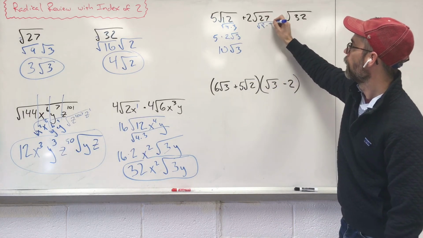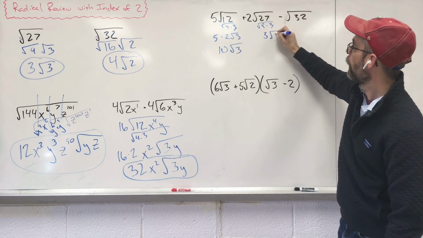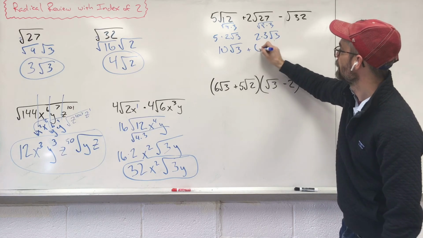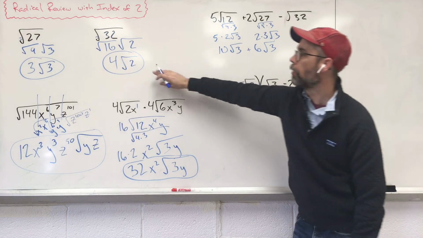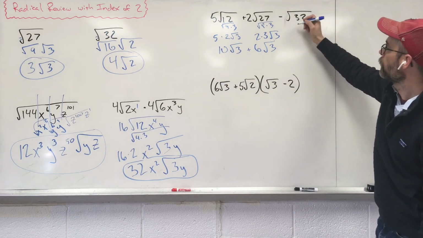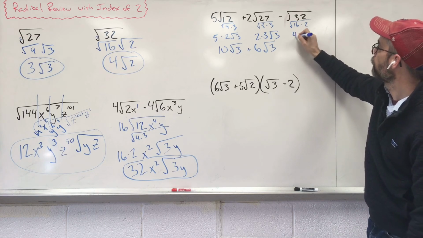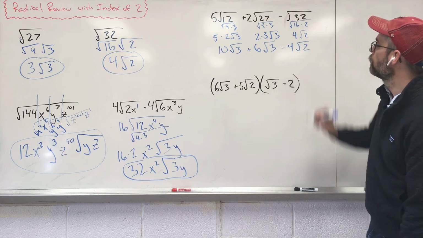So we have 9 and 3 giving us 3 radical 3 with a 2 out front. So that's a 6 radical 3. And then 32 we broke up over here. So we know that's going to be 16 and 2, which gives us 4 radical 2. So minus 4 radical 2.